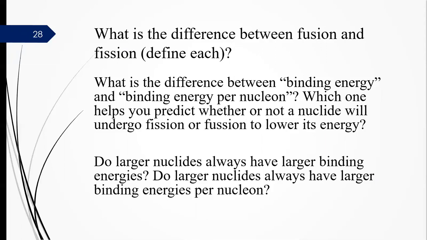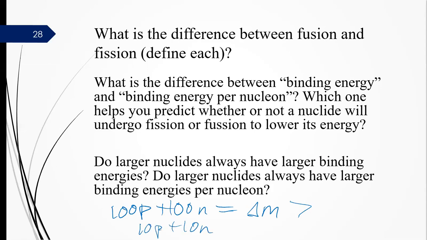Because the larger your nucleus is when you form it, do you guys think you lose more mass or less mass compared to a smaller nucleus? More mass. So if we take 100 protons and 100 neutrons, that mass change is almost always larger than if we took 10 protons and 10 neutrons.